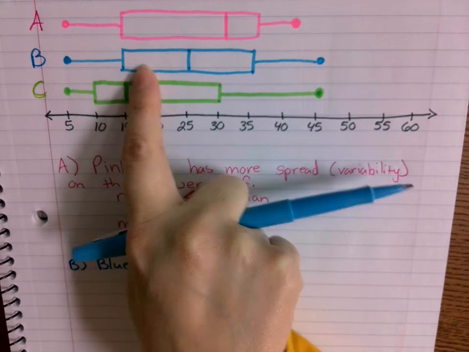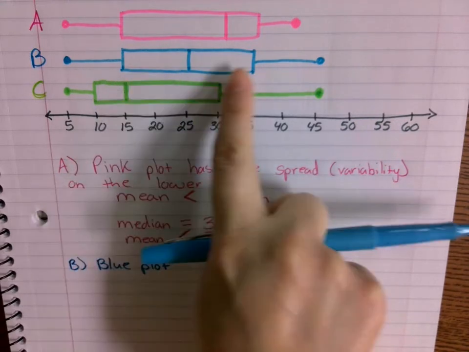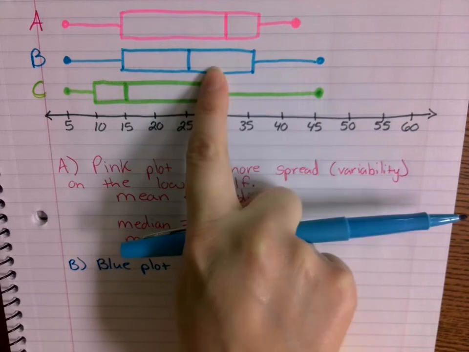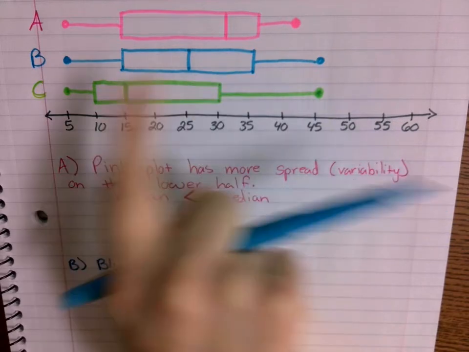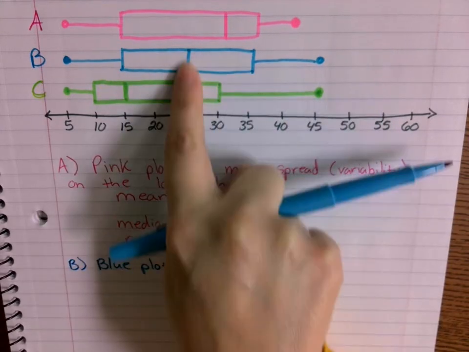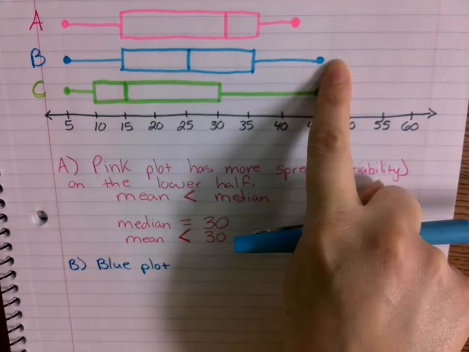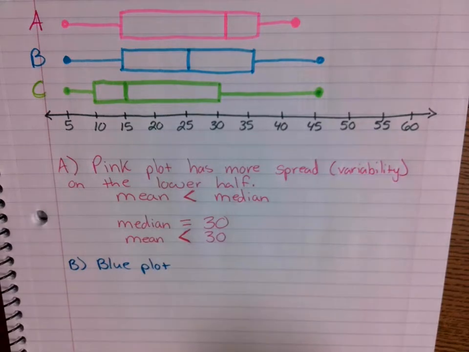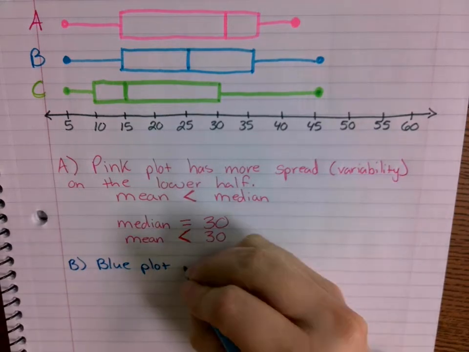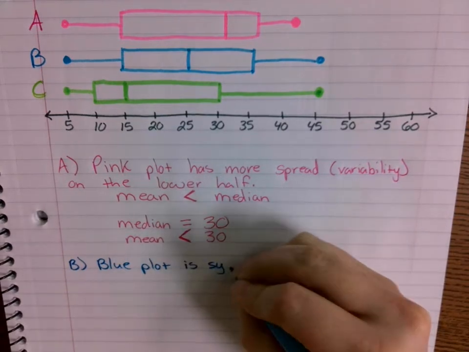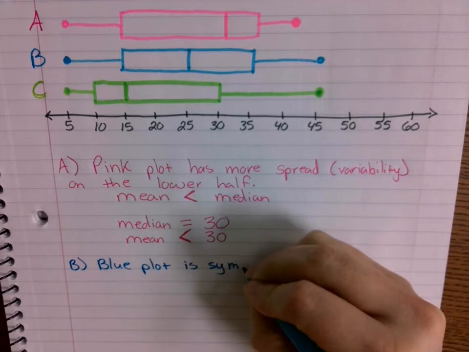And the inside of this part of the box is 10. So it's an equal distribution on both sides of the center. Okay, equally distributed on the left as it is on the right. So that makes it symmetric. So the blue plot, say that 5 times fast. The blue plot is symmetric.